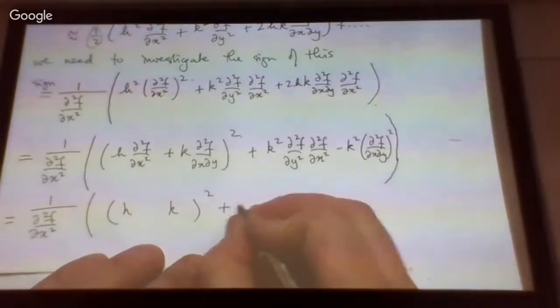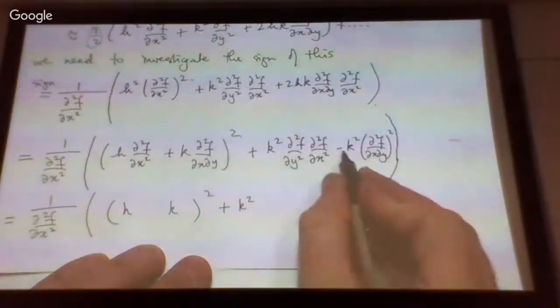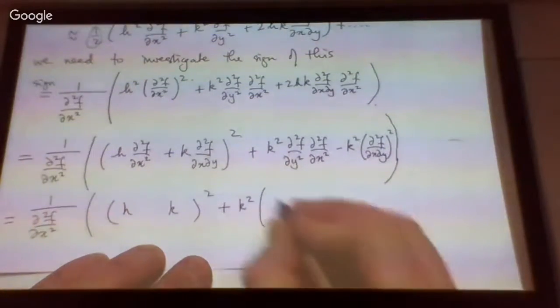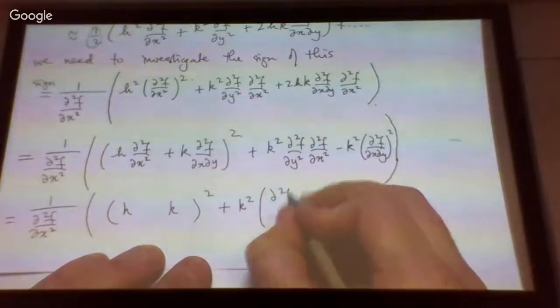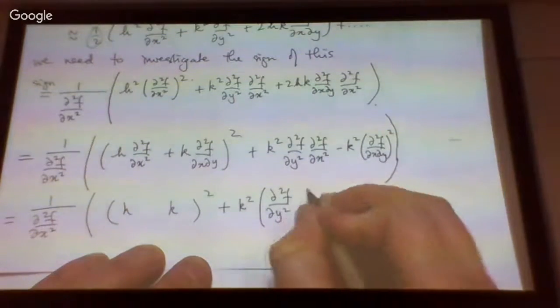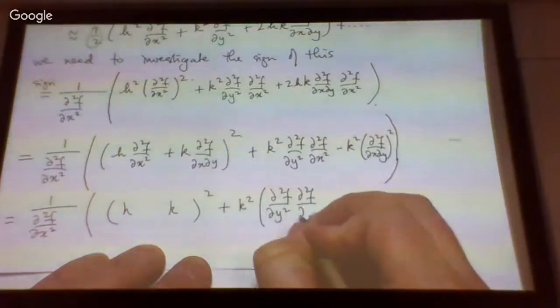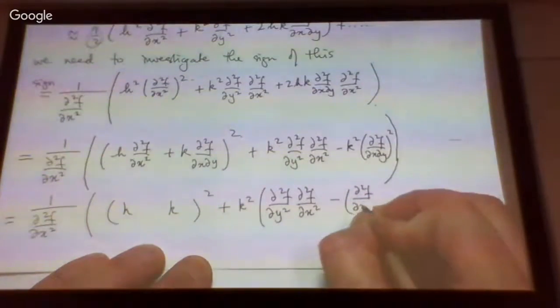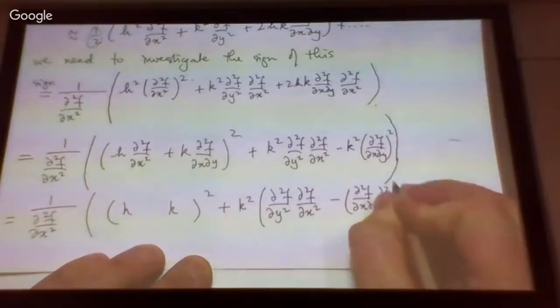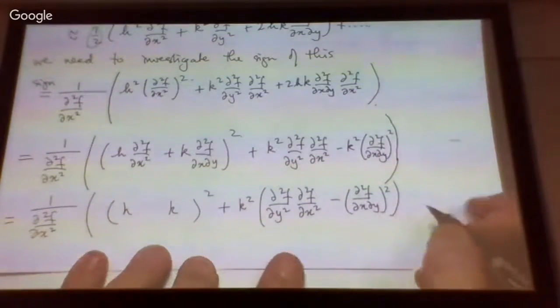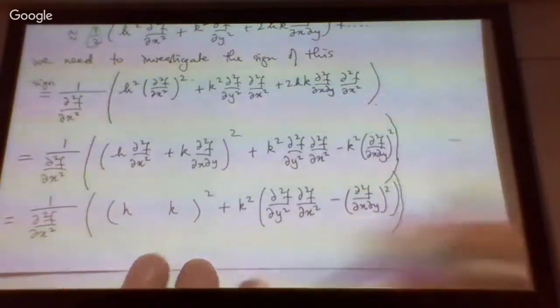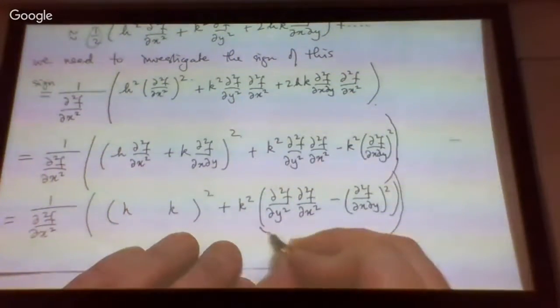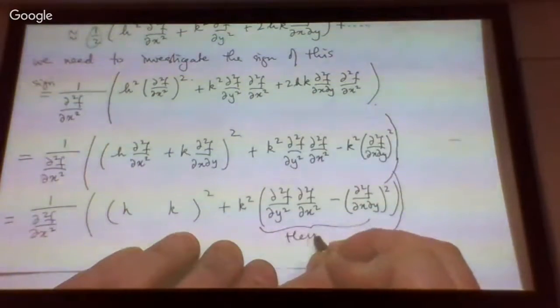And then here I have plus k squared, because I can pull out a k squared there. And here we see the Hessian determinant again. So this is how the Hessian determinant comes into it: d2f dx dy, all of it squared. So I need a large bracket there. So that there is the presence of our Hessian determinant.